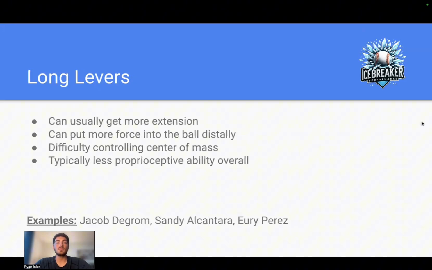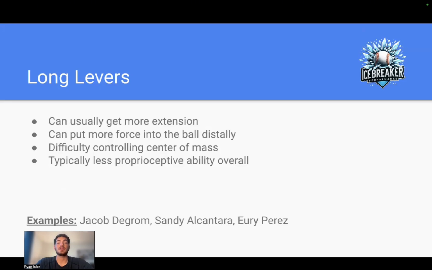So for the long levers, typically you're going to be able to get more extension, right? Releasing the ball closer to the plate because you have longer legs, longer arms, longer torso. And that is going to help you be more deceptive, right? You're also going to be able to put more force into the ball distally because you have those longer arms, right?